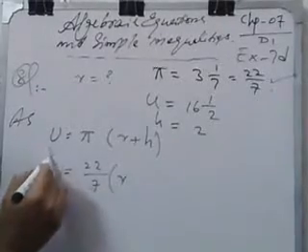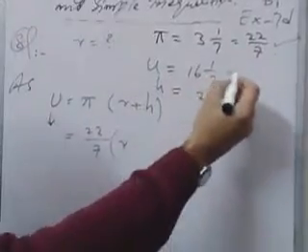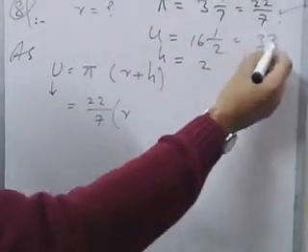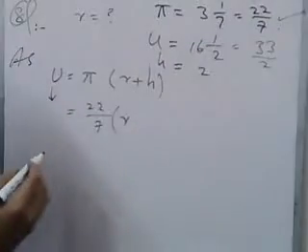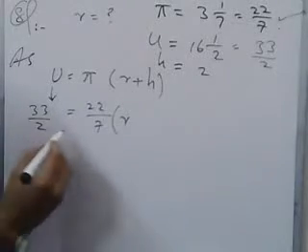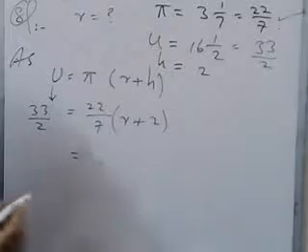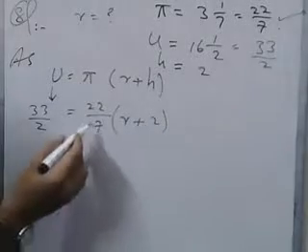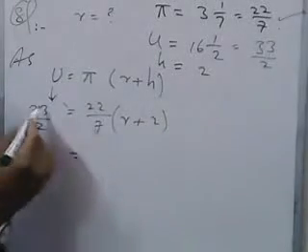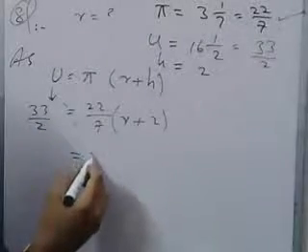So my dear students, putting the values, the value of pi is 22 by 7, the value of R we have to find, so write it in the same manner. The value of U is 33 by 2. The value of H is 2.